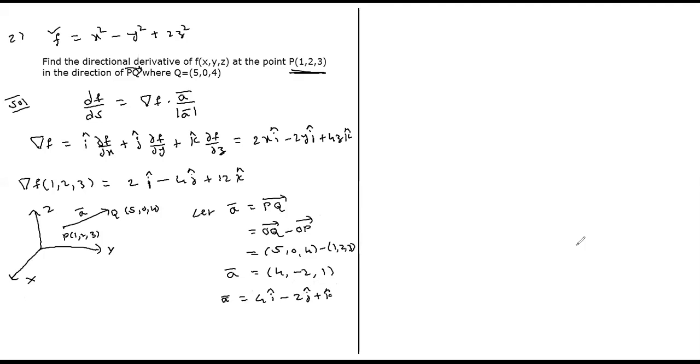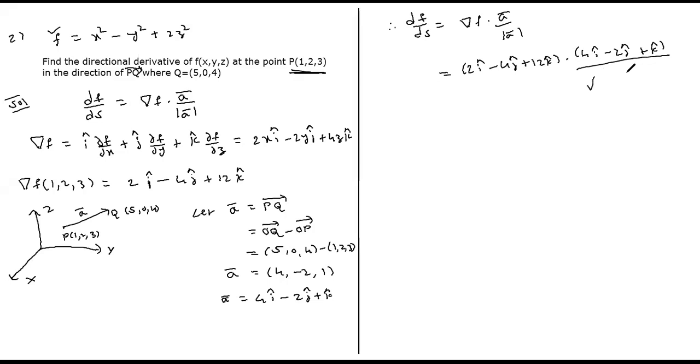Now apply the formula. Therefore, df by ds is equal to del f dot a bar by mod a bar. So del f is 2i bar minus 4j bar plus 12k bar, dot a bar, which is 4i bar minus 2j bar plus k bar, divided by its magnitude, 16 plus 4 plus 1.